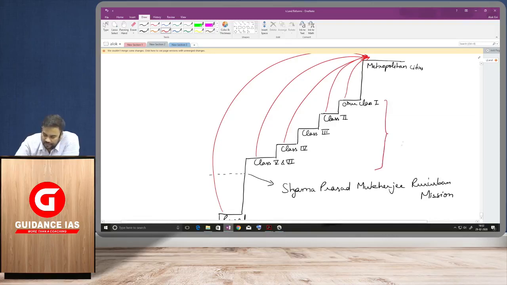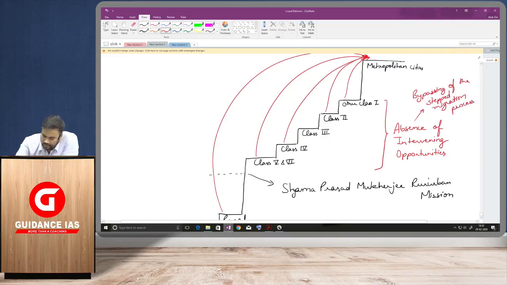Here there is an absence of intervening opportunities, which has led to the bypassing of the stepped migration process.